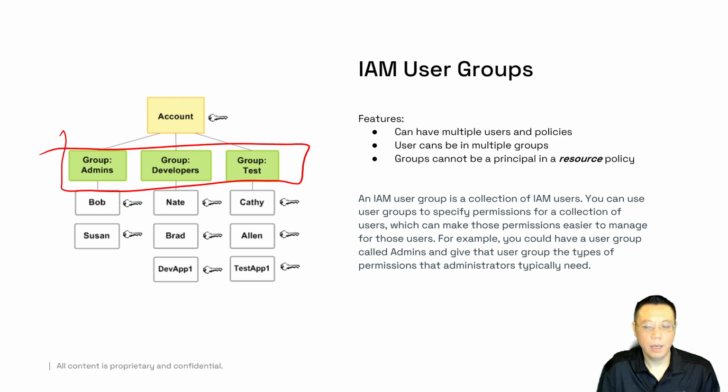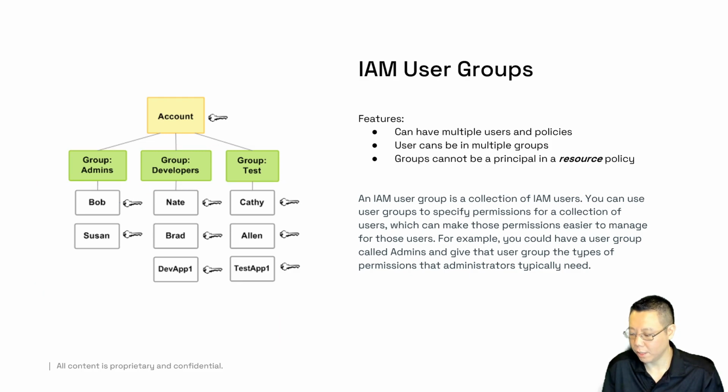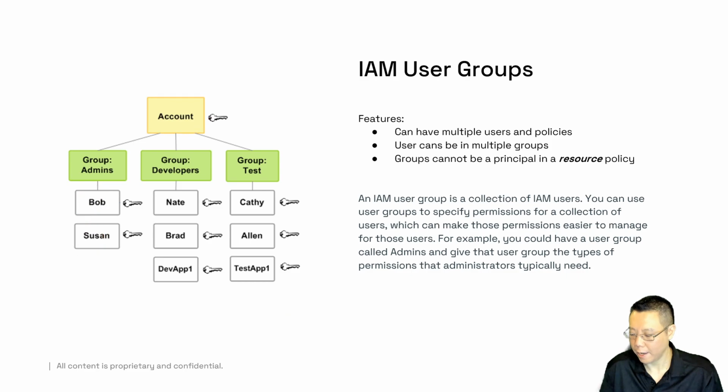A resource policy is something that applies directly to the resource. S3 might have its own policy saying, I want people in the group admins to be read-write. So anything Bob and Susan have access to, I cannot say group admins being the source. It just won't happen. I have to explicitly say I want the S3 resource policy saying, hey, access me through the account, or specifically Bob and/or Susan. I cannot specify the groups in that case.